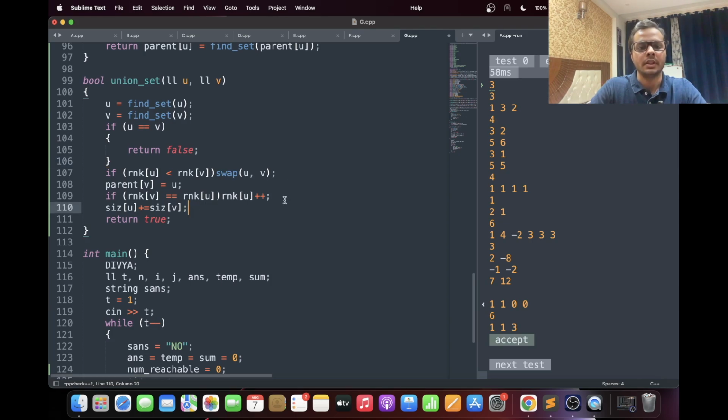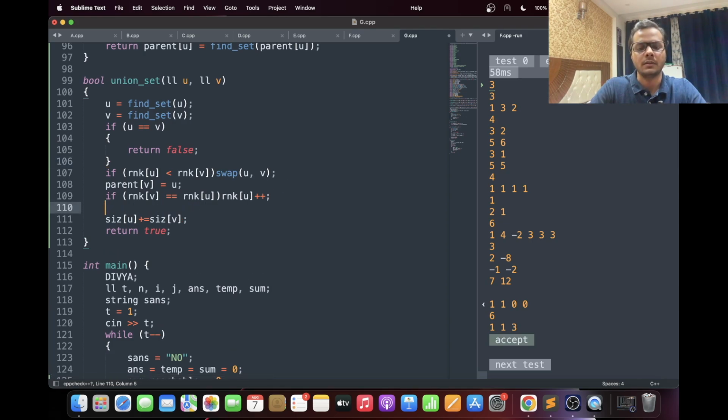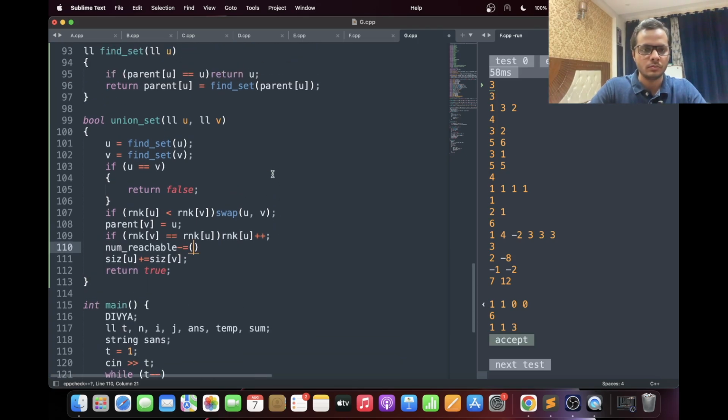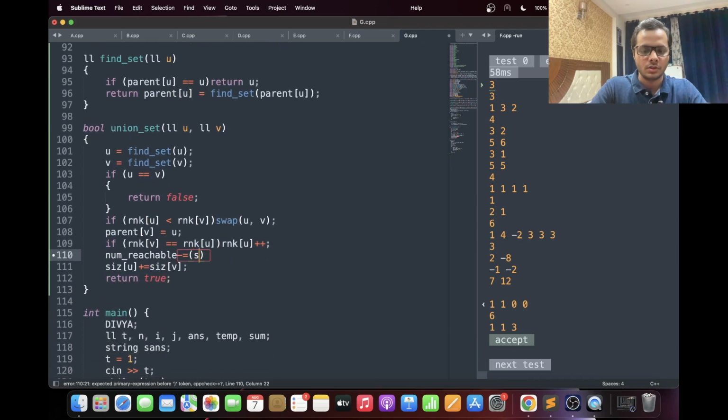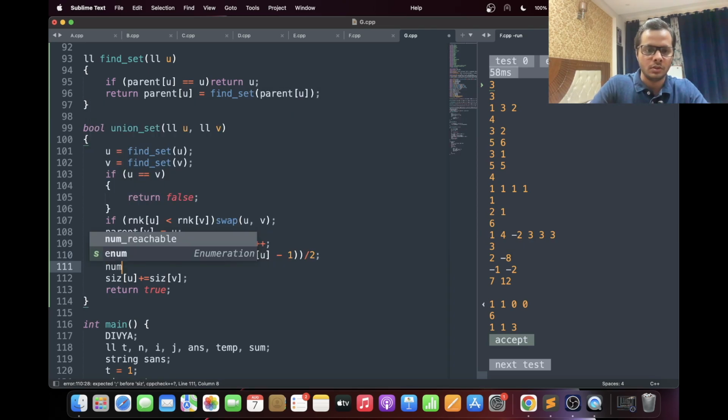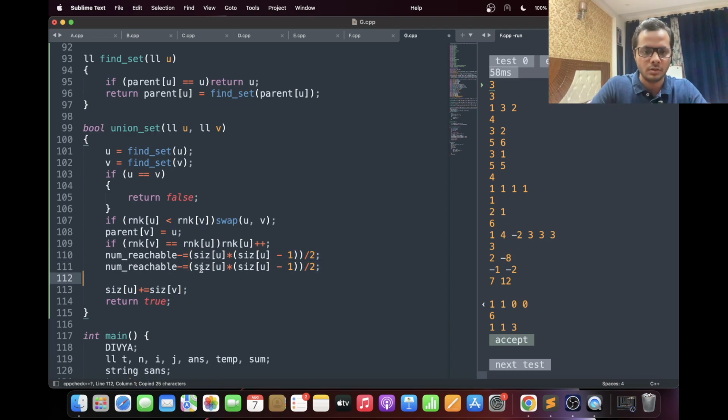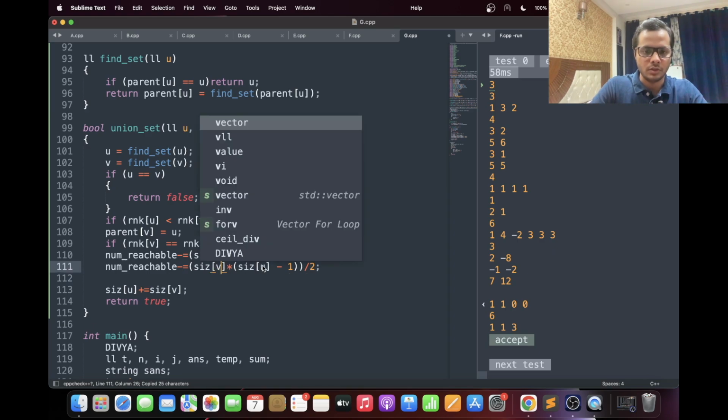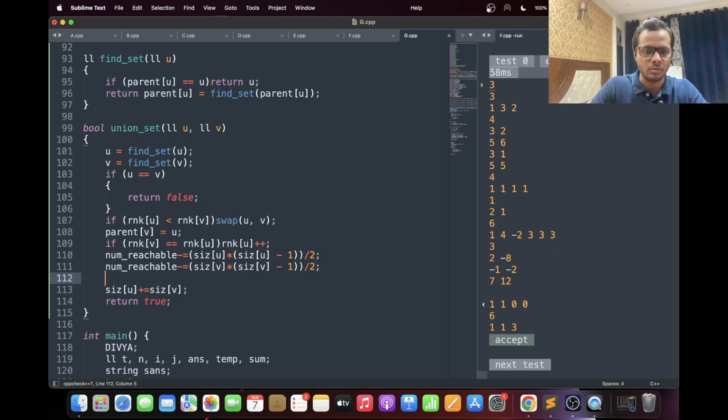Otherwise, what we can do is num reachable minus equal to sz of u into sz of u minus 1 upon 2, num reachable minus equal to, replacing u by v here, sz of v into sz of v minus 1 upon 2.